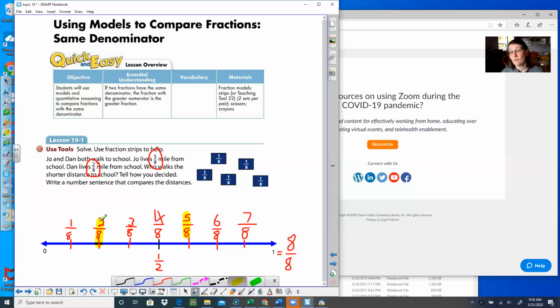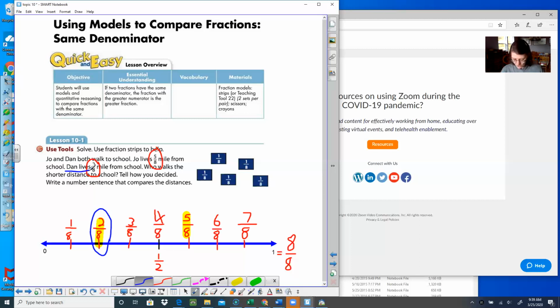So if we're thinking of this on a number line, the shorter distance is the number that is closer to 0, or zero. So hopefully all of you are thinking, well, duh, that's 2/8, Mrs. Mears. So now we need to look back and figure out who that was. That was Dan.